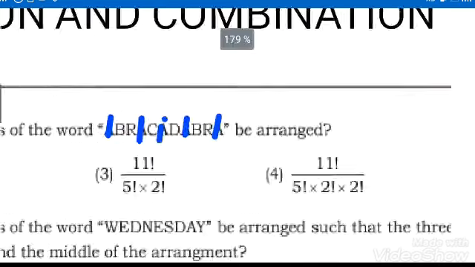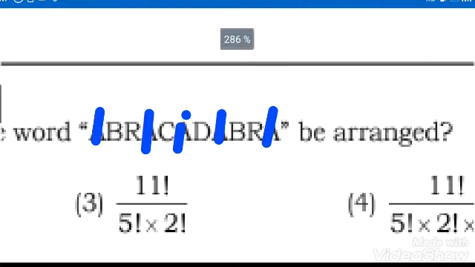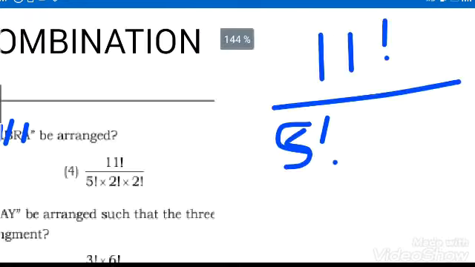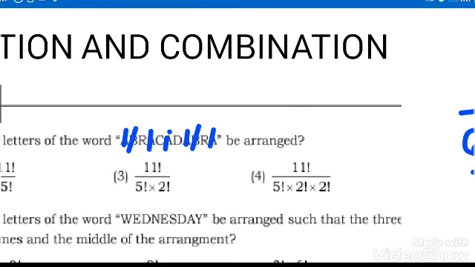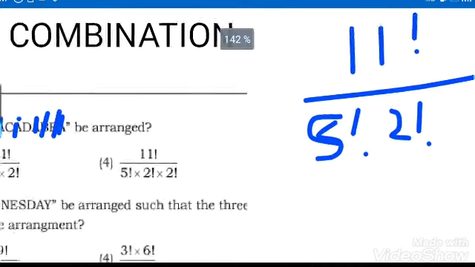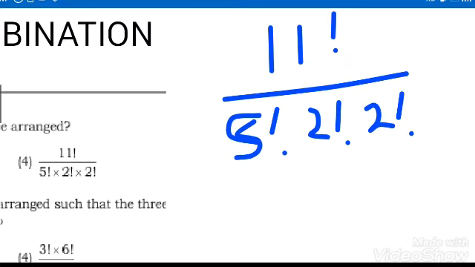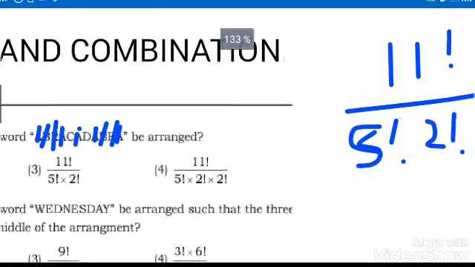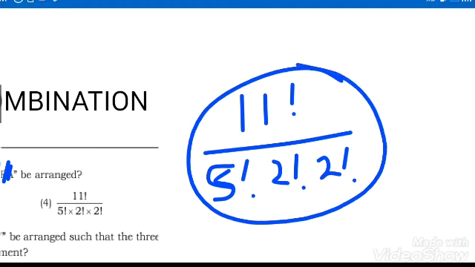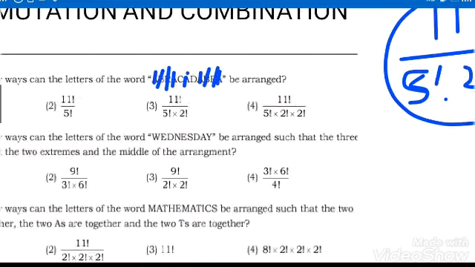That would be B. B was repeated twice, so that will give us 2 factorial. And was any other thing repeated? Yes, R was also repeated twice. I think those are the only repetitions. Okay, so that's how the word abracadabra can be arranged: 11 factorial over 5 factorial times 2 factorial times 2 factorial. You can simplify further if you wish to do so.